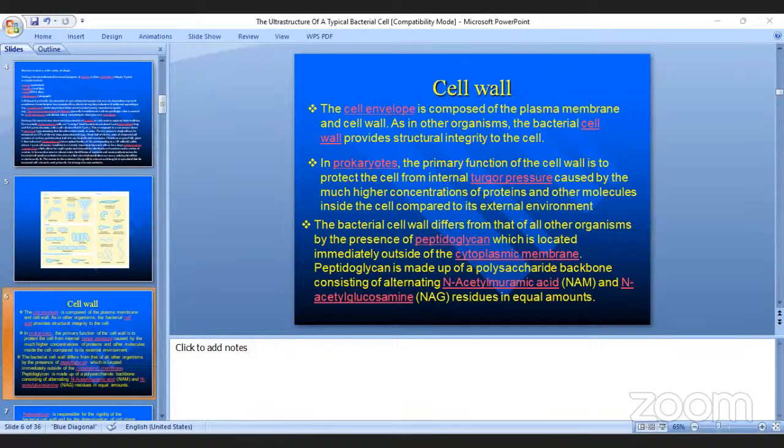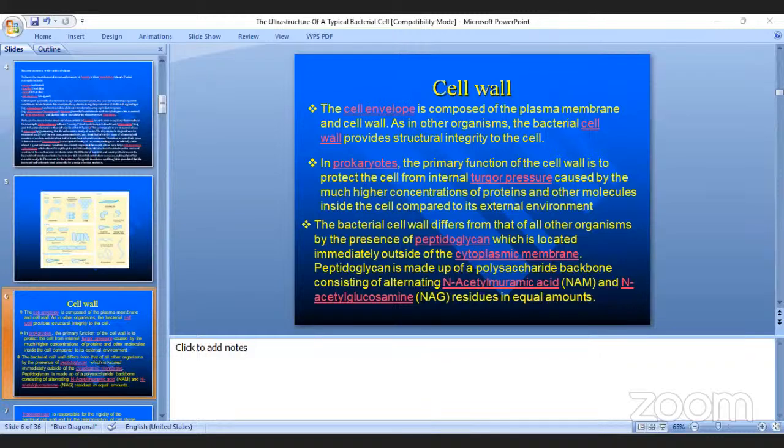So this is the cell wall of, are you able to see the diagram? Hello? No, sir. No, sir. What happened? Cell wall slide, which slide are you visible to you?